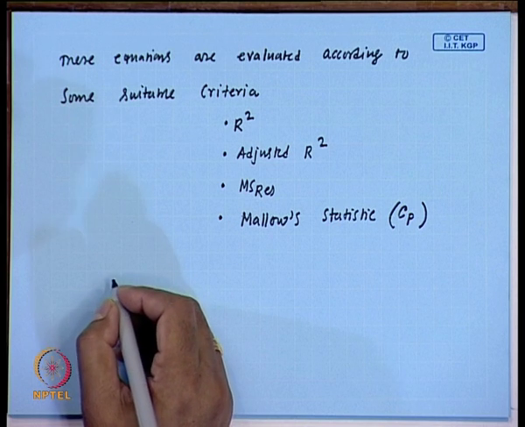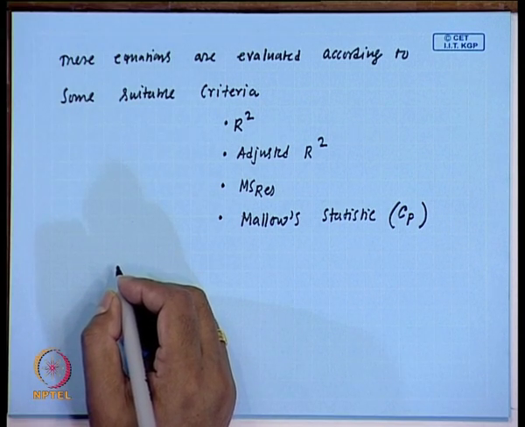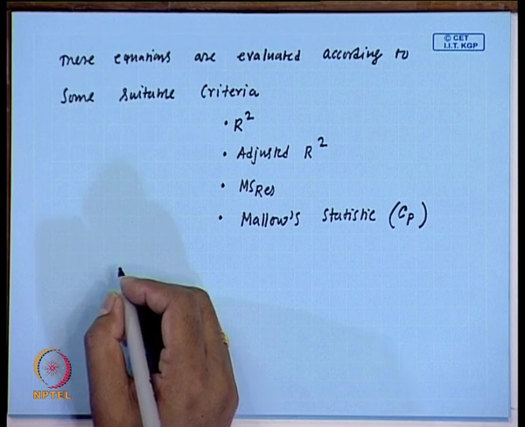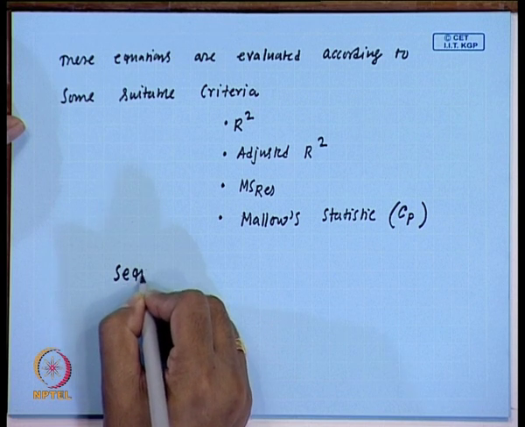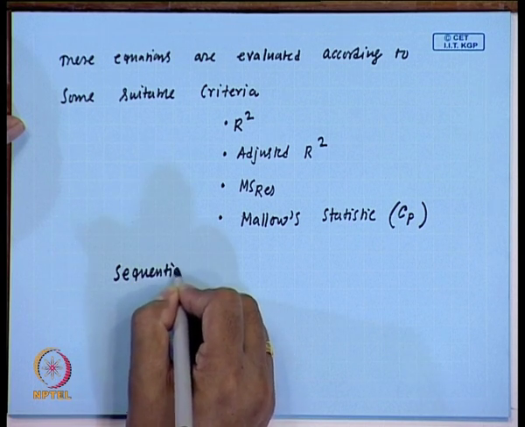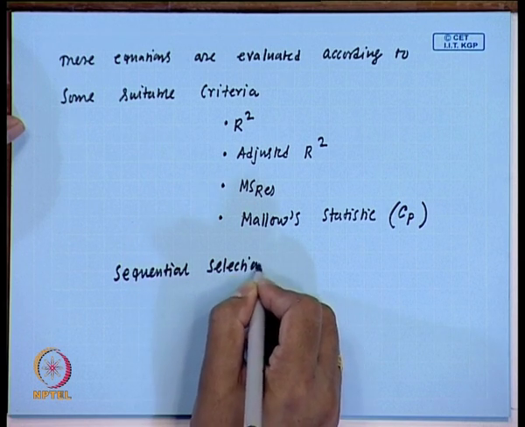That is one approach, all possible regression, and the other approach is called sequential selection.